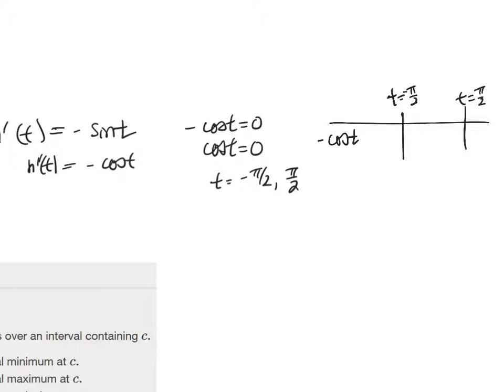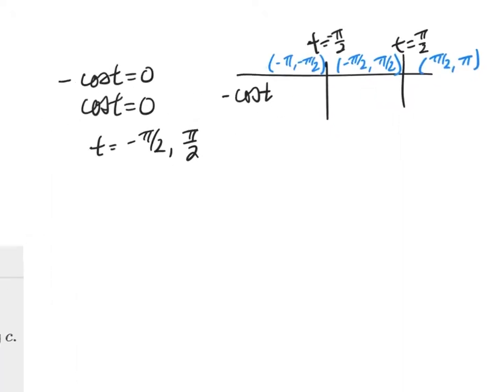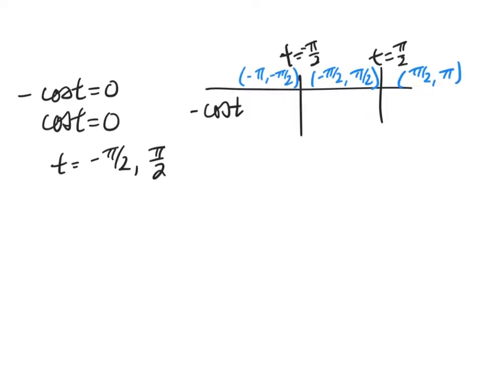My first interval starts from negative pi to negative pi over 2, because I'm constrained between negative pi and pi. My second one is from negative pi over 2 to pi over 2. And then my last one is from pi over 2 to pi. And again, the reason I'm doing those intervals is because I am constrained between negative pi and pi. That's told me what I was looking for.